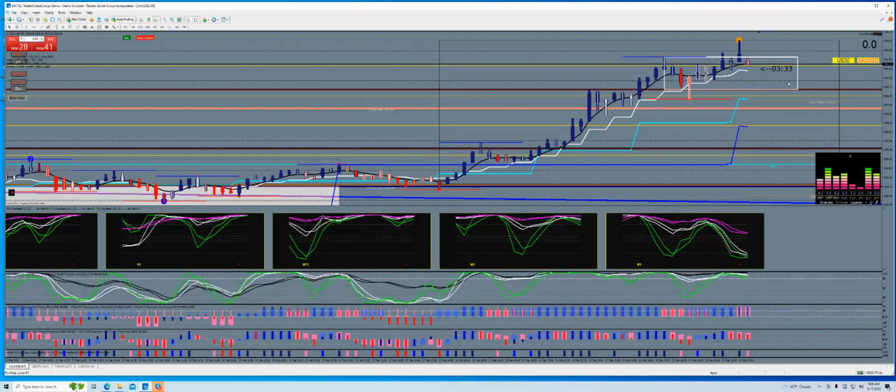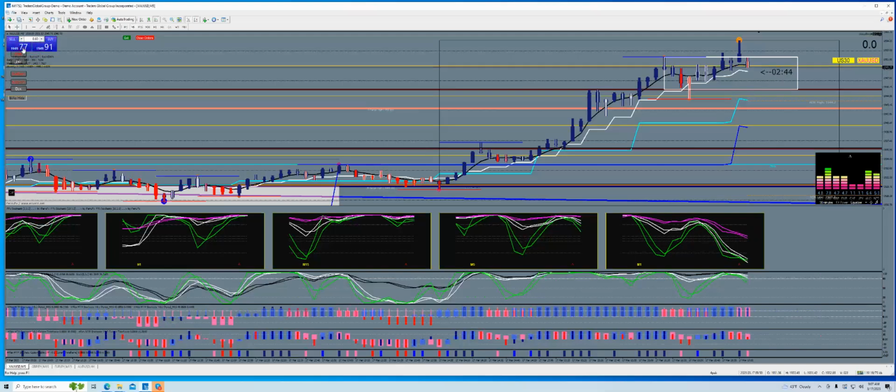5 minutes is turning. And 1 minute is strong. It may just give you an instant trend trade once this thing crosses over.